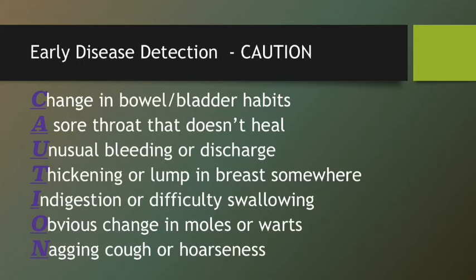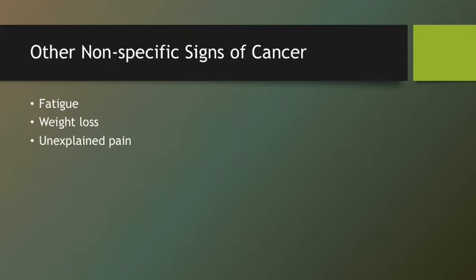Okay, changes in the texture of the skin or a lump. Indigestion or difficulty swallowing, obvious change in moles or warts, and nagging cough or hoarseness. Other nonspecific signs of cancer: fatigue, weight loss, and unexplained pain. And it's usually a kind of chronic pain, not this episodic pain.